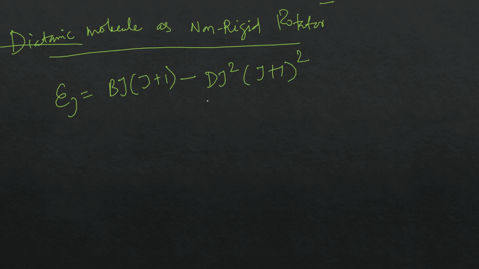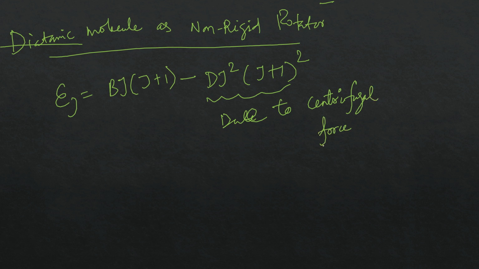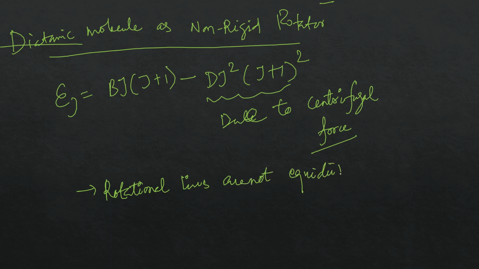Okay, this is due to what? This is due to centrifugal force. Here, rotational lines are not equidistant. You can put the values, you can see, are not equidistant. Okay.